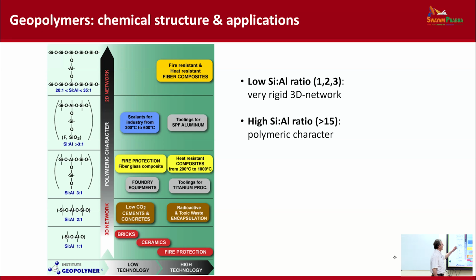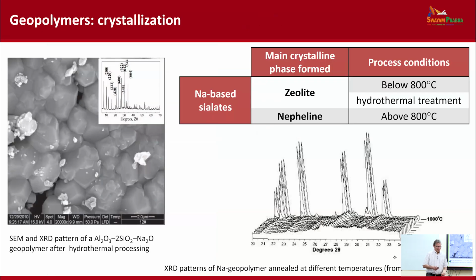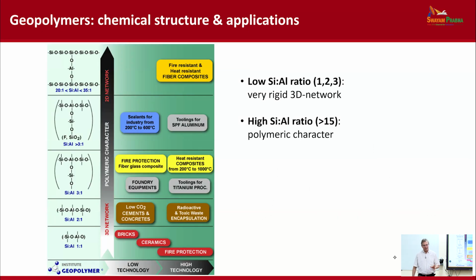So if you have a low silicon to aluminum ratio, you obtain a very rigid 3D network that can be used for the applications that you see there. So before talking about the microstructure of what is formed, let me make a comment.